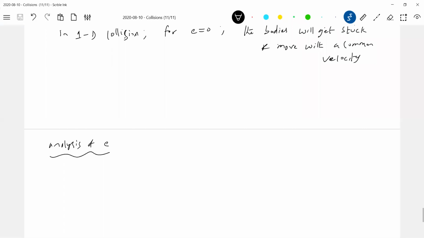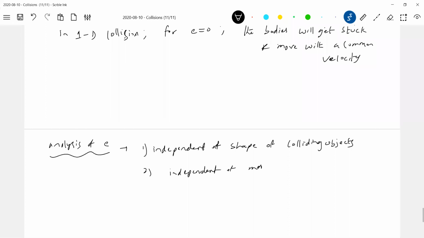I'll put it point-wise. It is independent of the shape of colliding objects, independent of the mass of colliding objects.